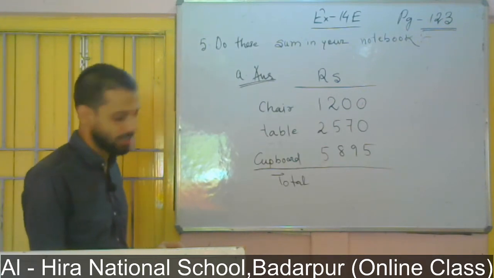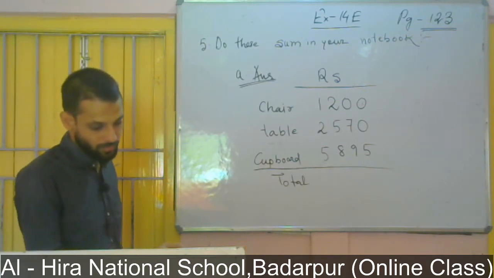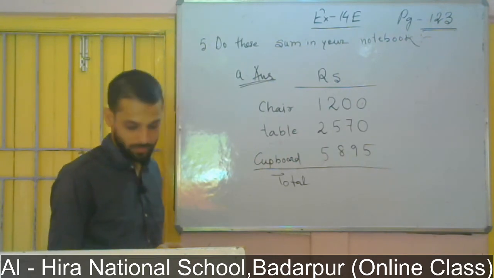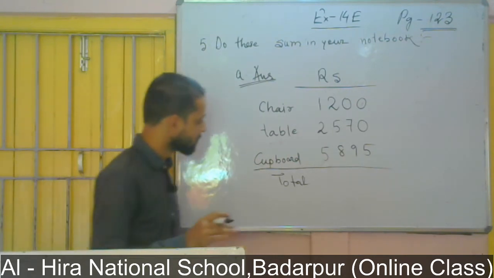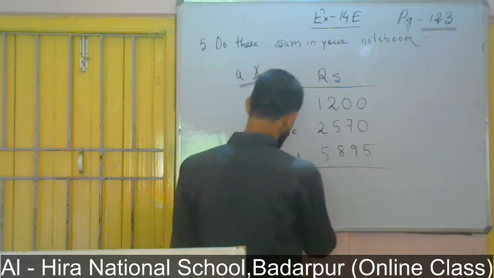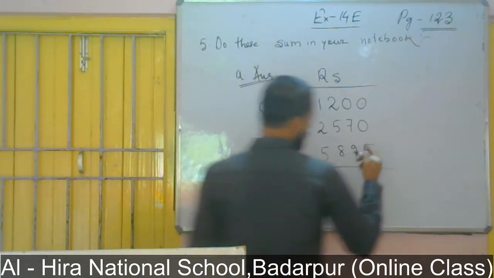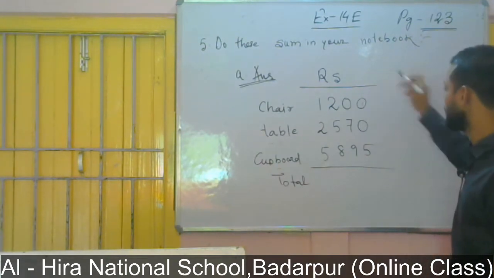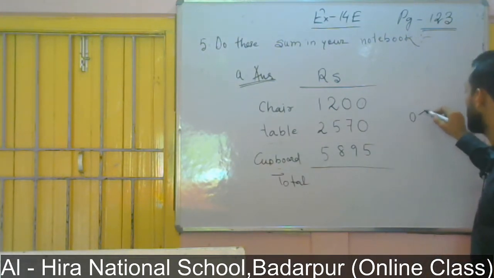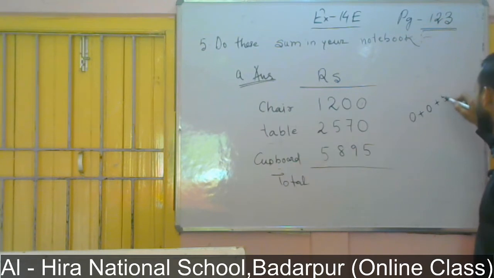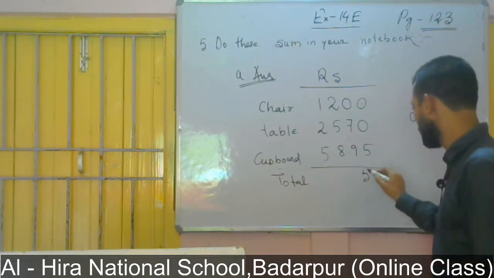Okay, so in the ones place we can see 0 plus 0 plus 5 equals what? If we add 5 with 0, whatever it is, the result will always be 5. So here we are going to write 5.